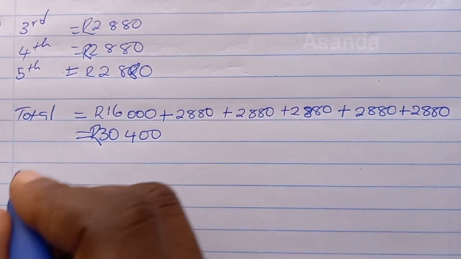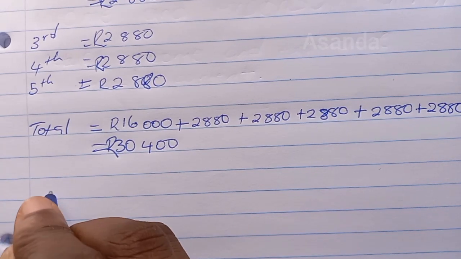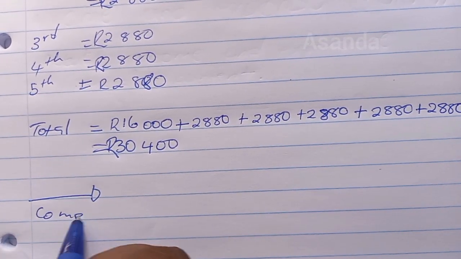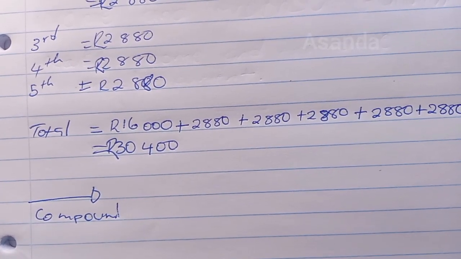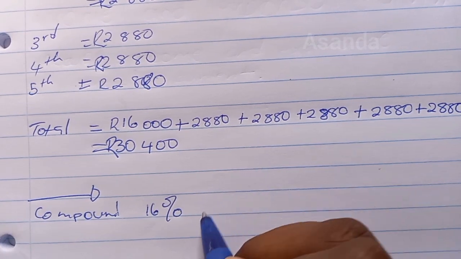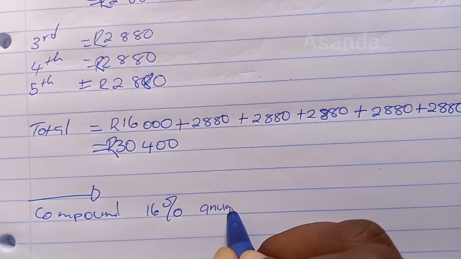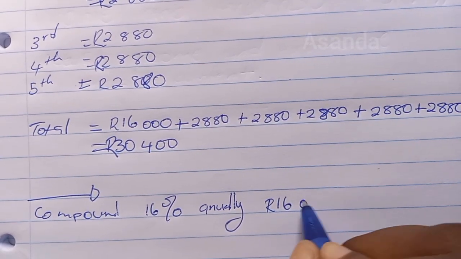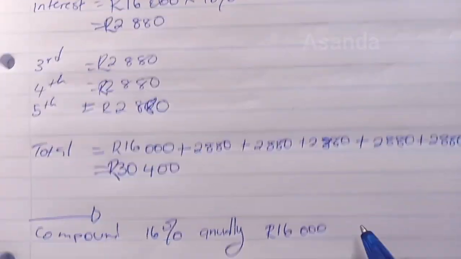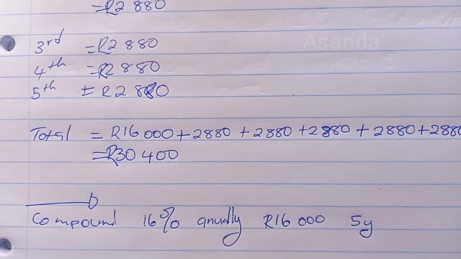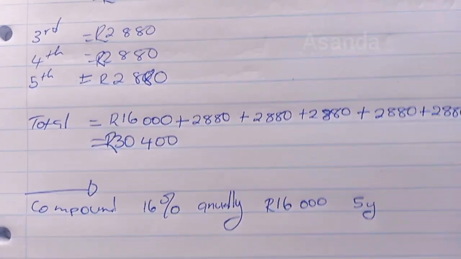Okay, so now we're going to do the second option, which is compound, right? Compound interest, and the interest is at 16% compounded annually. And then he's still borrowing 16,000 over a 5-year period. This one is going to be a little bit more complicated.